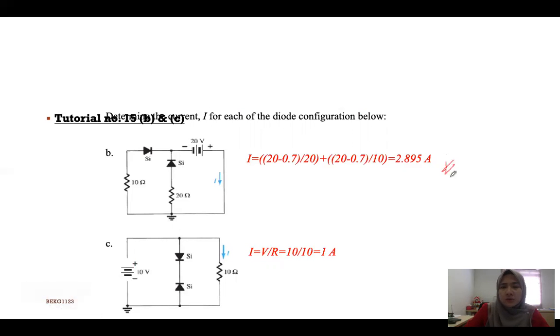You should find I. The answer for I is 2.895. For question 15C, I equals 1 ampere. So please do your tutorial. You must determine which one is forward bias and which one is reverse bias.